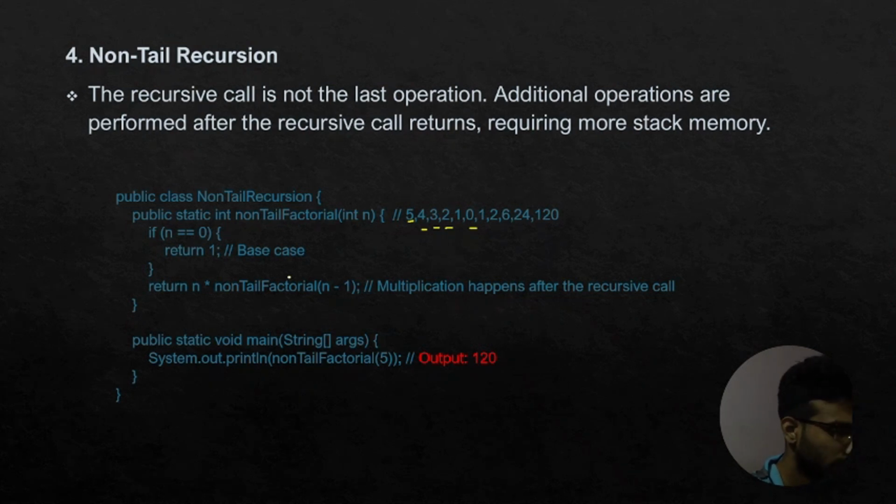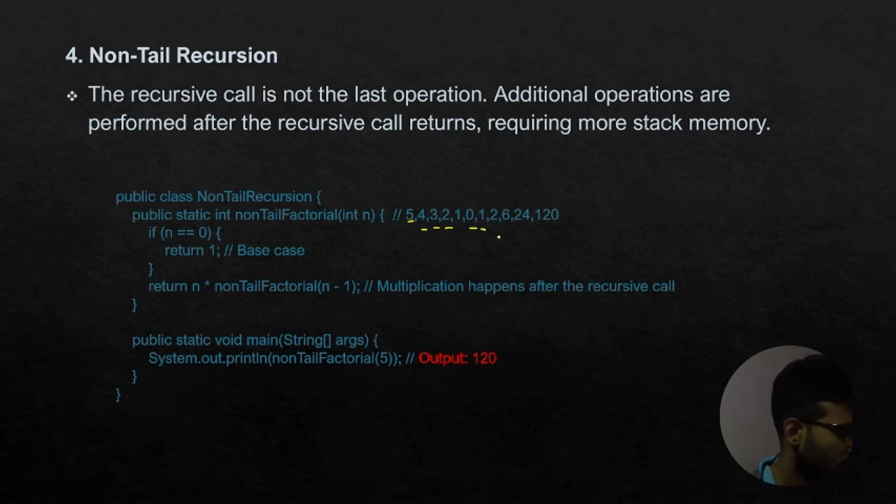Once the base condition is reached, in non-tail recursion, the recursion starts unwinding. During this phase, the results are computed in reverse order. So it returns 1, and 1 into 1 would be 1, and then it goes to the next recursion.